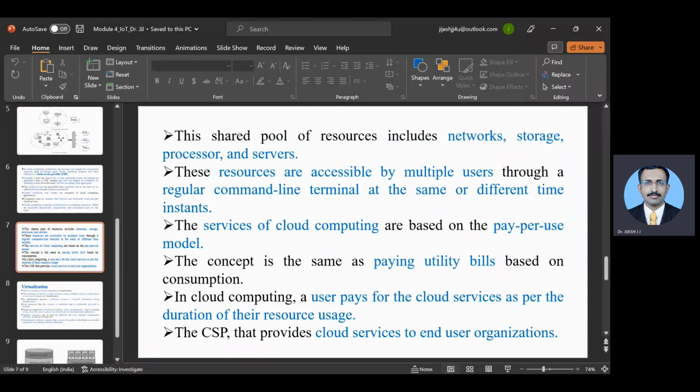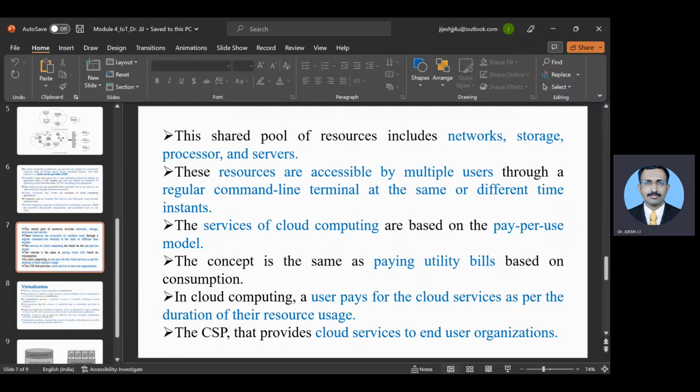And you can also say it is like paying utility bills and all those things, which are based on this process. You may be paying so many utility bills. So knowingly or unknowingly you are utilizing the facilities of cloud computing, and most of the applications you are running are based on cloud computing.